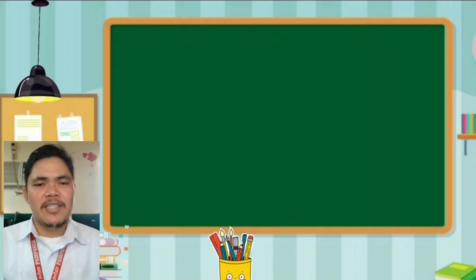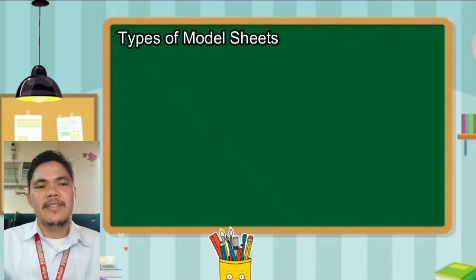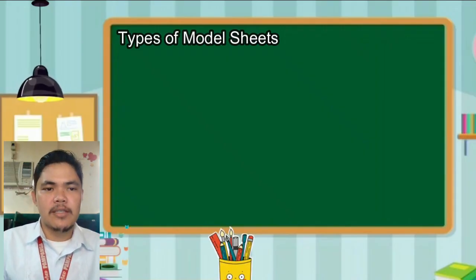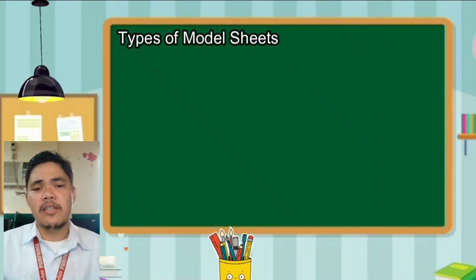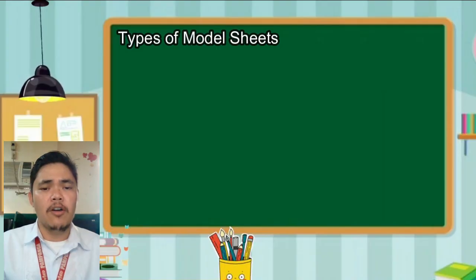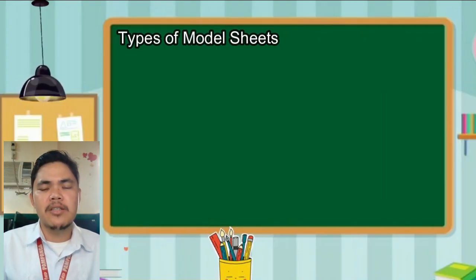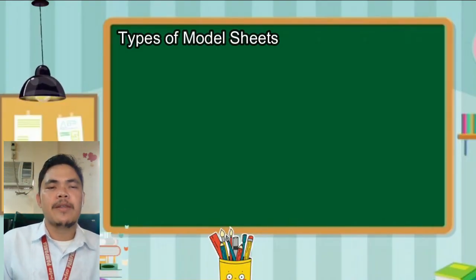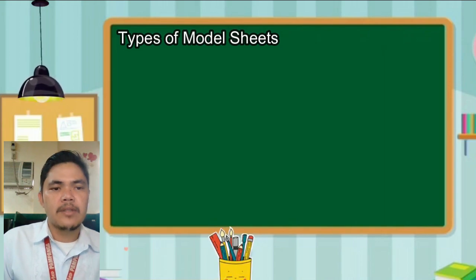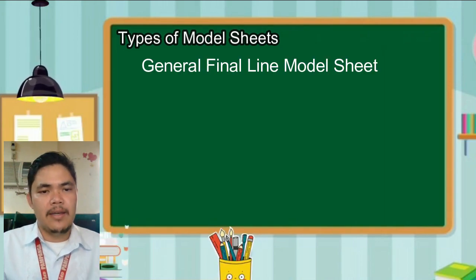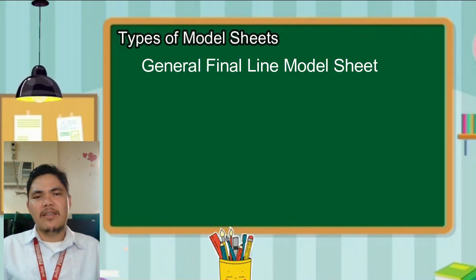Okay class, so let us now start discussing the different types of model sheets. These are the oftenly used model sheets na ginagamit sa animation industry. The first one is what we call the general fine line model sheet. What is this?